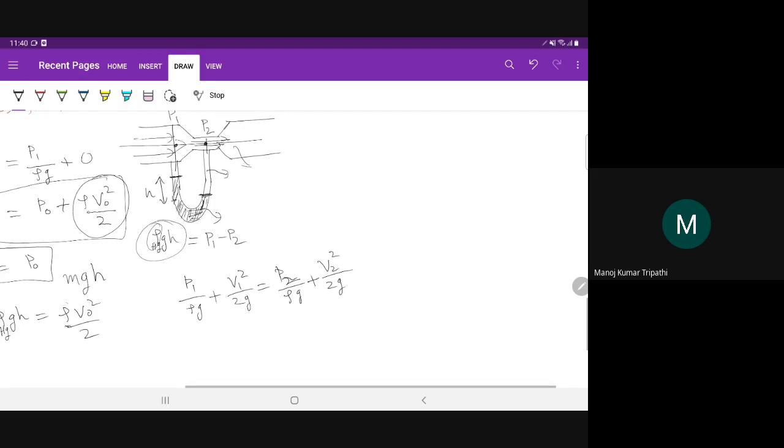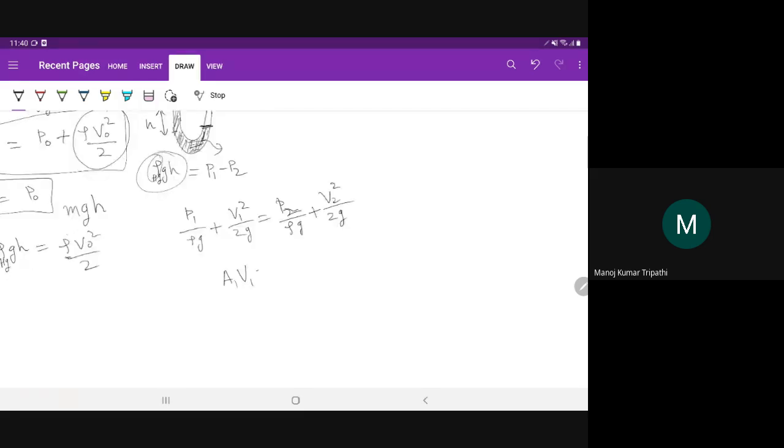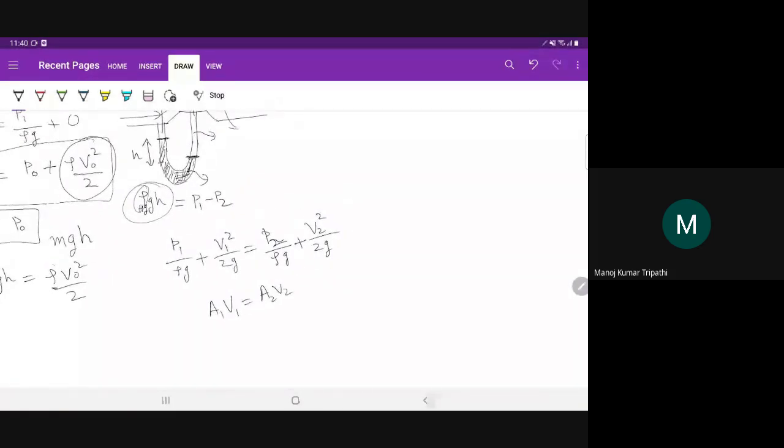So you know that A1 V1 is equal to A2 V2. So how many unknowns are there? P1, P2, V1, V2, right? And from here you can get V1 in terms of V2.